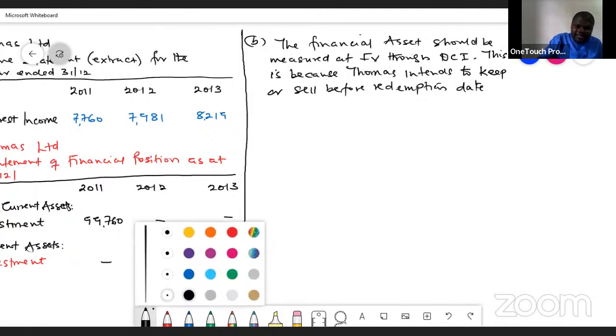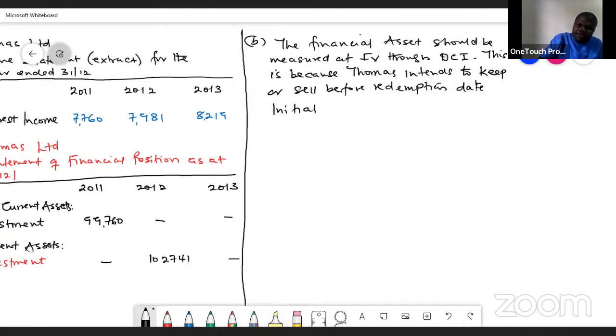In that case, the initial amount to recognize will be the same. Initial amount to recognize. So we have the face value minus the discount that has been given to us, 95,000.